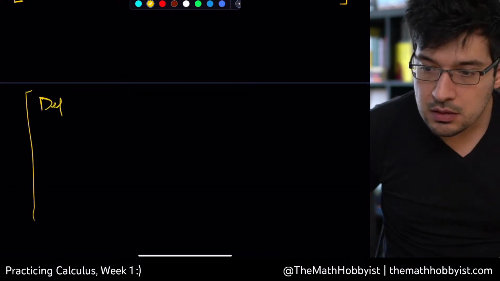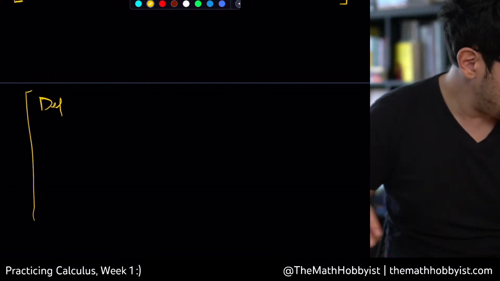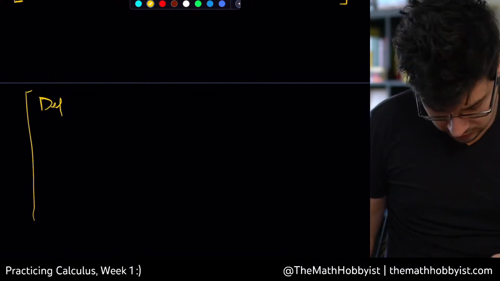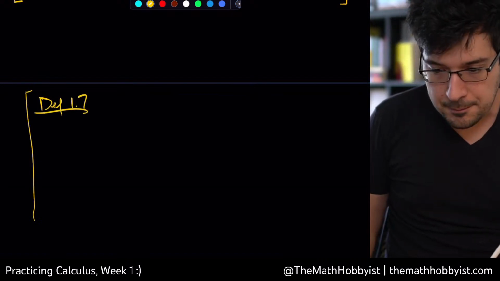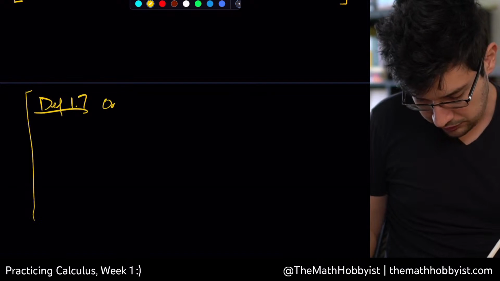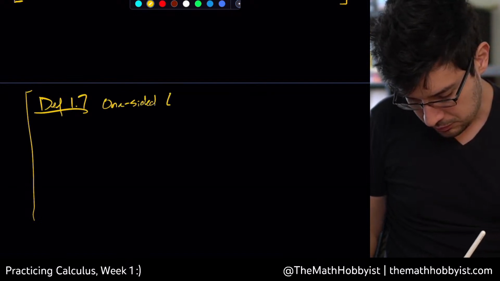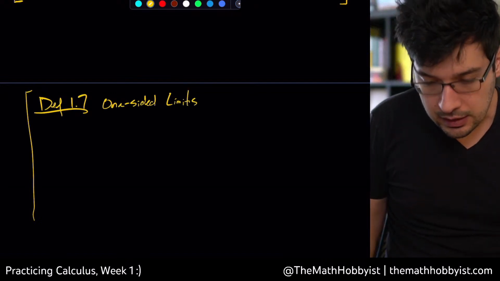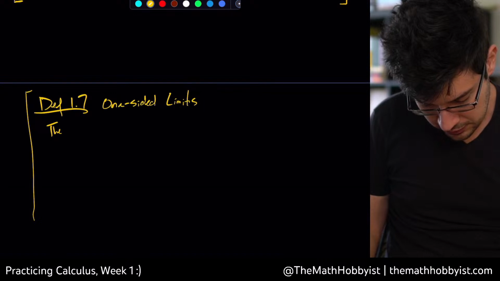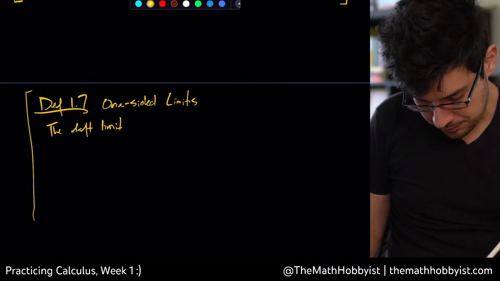Definition, let's see. Yeah. Definition 1.7 is one-sided limits. And here we have the left limit.